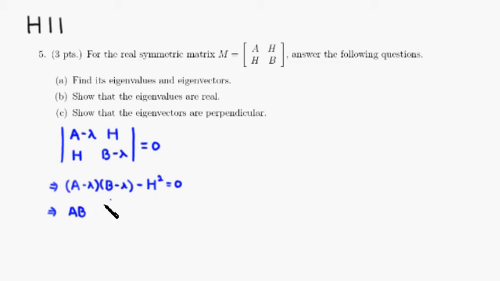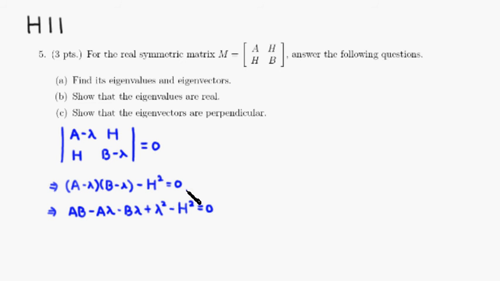Then A times negative lambda, so negative A lambda. Negative lambda times B is negative B lambda. And a negative lambda times negative lambda would be plus lambda squared, minus H squared is equal to 0.